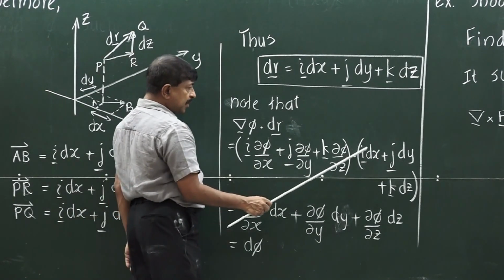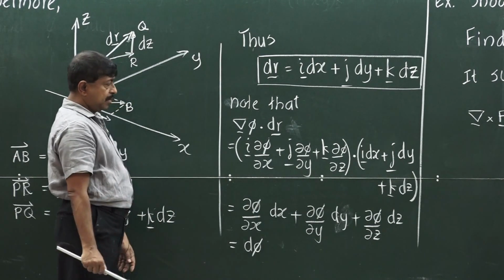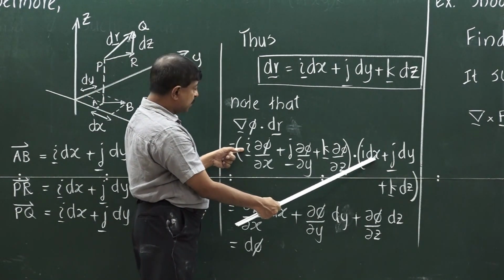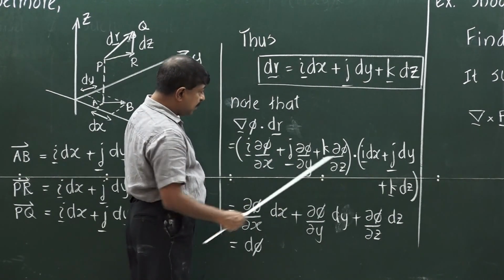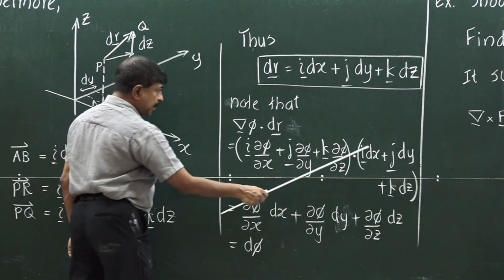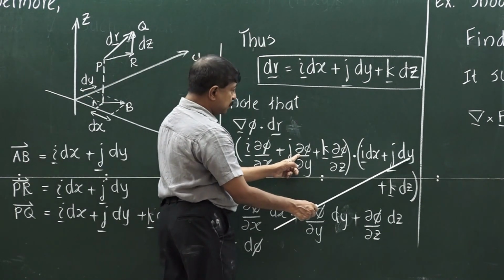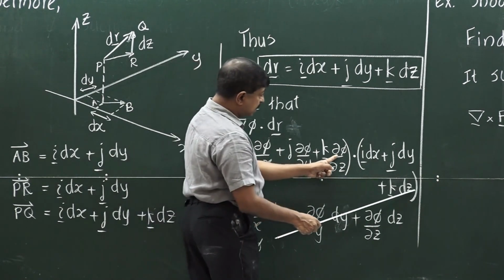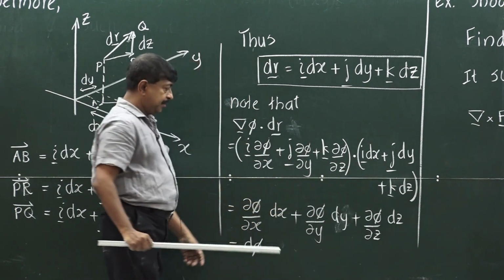Dot, this is i dx plus j dy plus k dz, which is dr. Now, when you take the dot product, these go hand in hand. i dot i is 1. Therefore, you get partial phi over partial x times dx. Similarly, when you consider this dot product, you get this one. Similarly, in the last one, partial phi over partial z times dz.